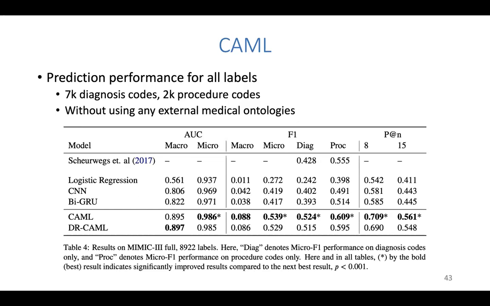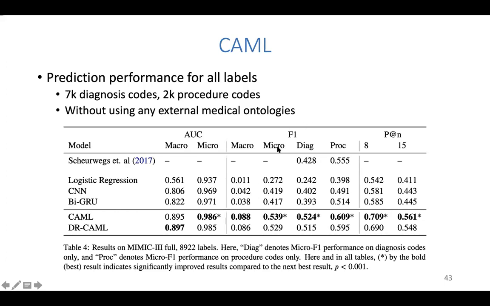So they would use that free text code description somehow to embed into the model. But this is just another additional technique. So you can just focus on camel itself, which is just a one-dimensional ConvNet with attention aggregation, and you can see that it performs really well.